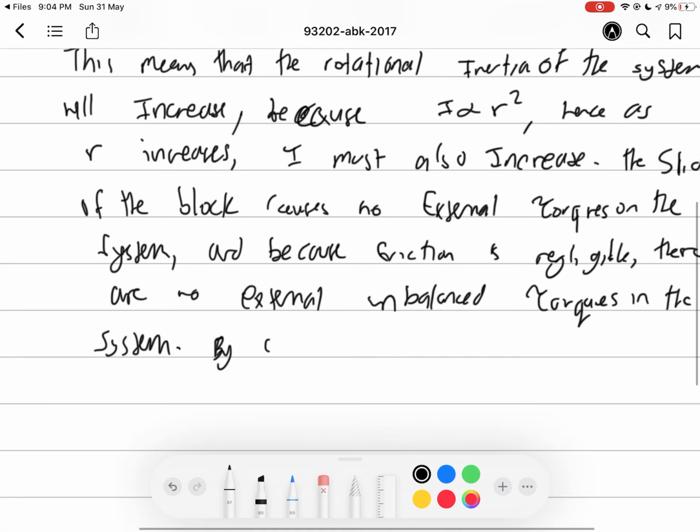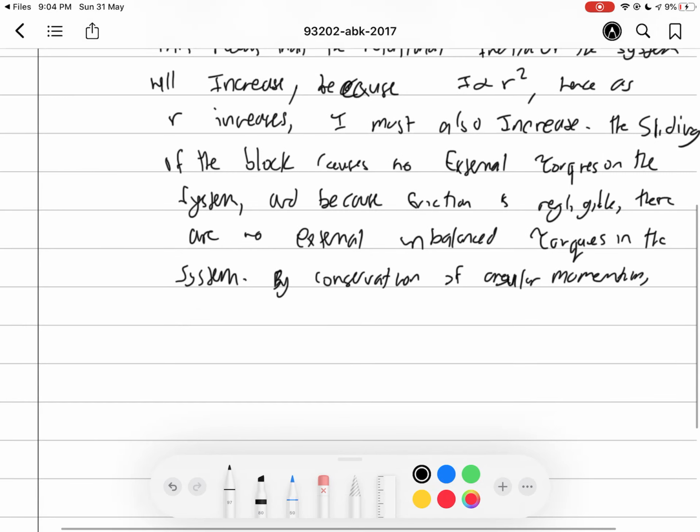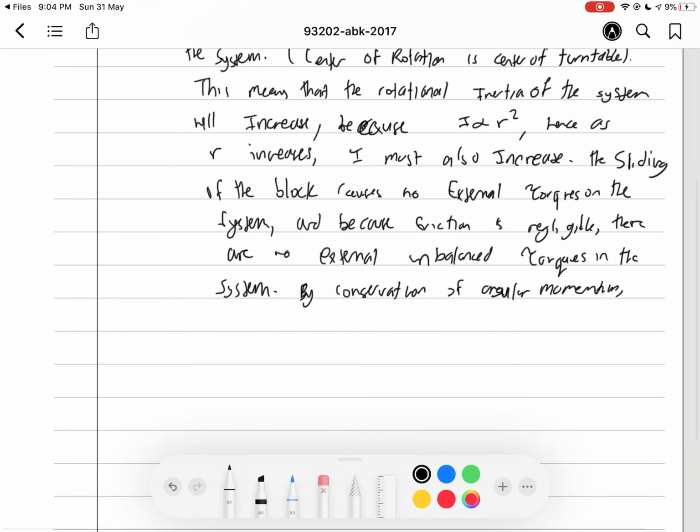By conservation of angular momentum, the angular momentum of the system must remain constant.